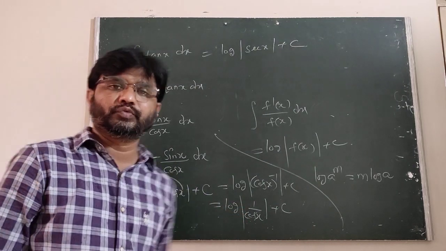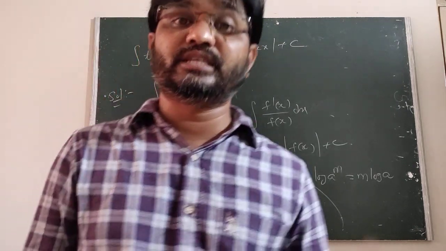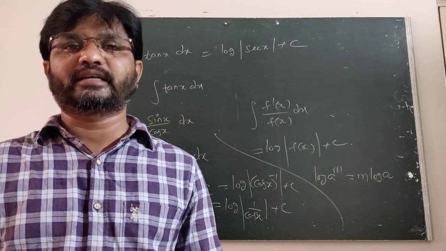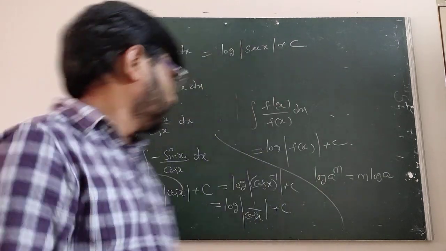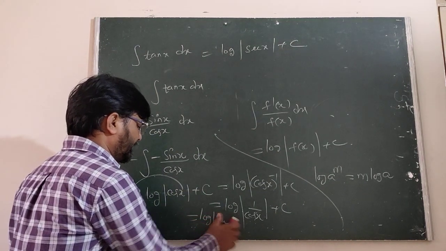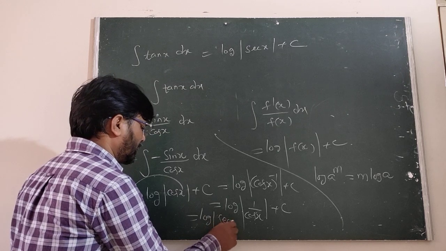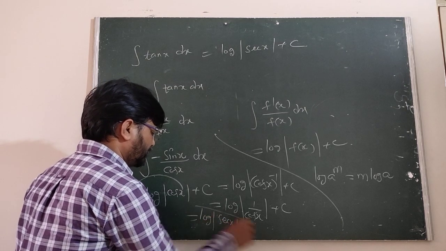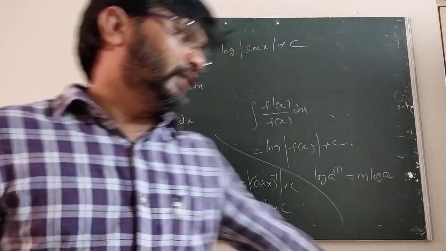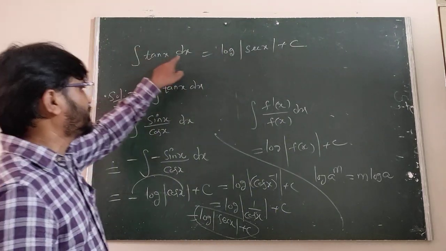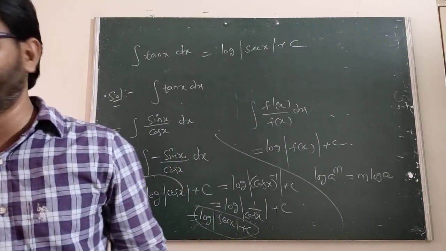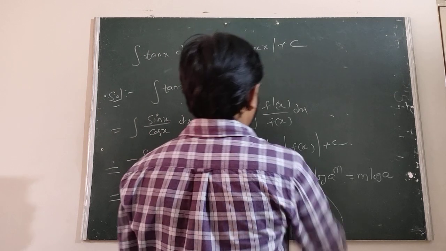We know that the reciprocal of cos is secant, so secant x is 1 by cos x. Therefore, this is log mod of secant x plus c. Therefore, the integral of tan x dx is the log mod of secant x plus c.